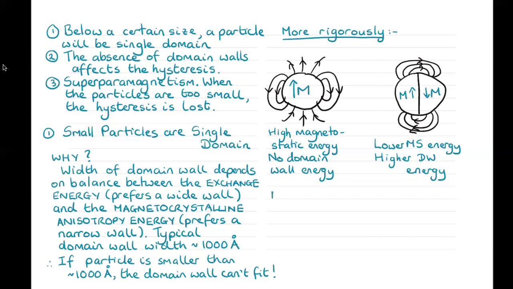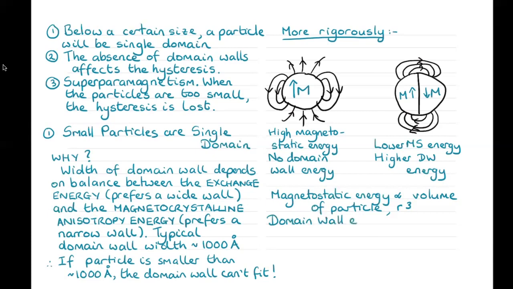Well, the magnetostatic energy depends on the volume of the particle, and so it's proportional to the radius cubed, whereas the domain wall energy depends on the area of the wall, which is proportional to the radius squared.